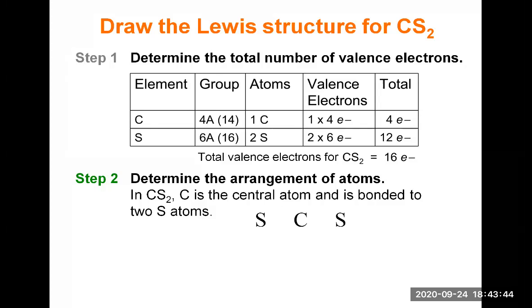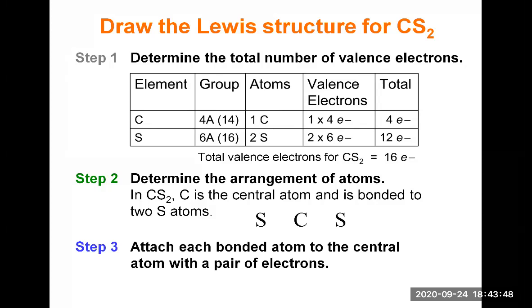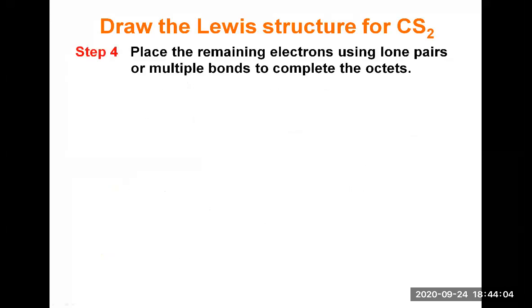So carbon surrounded on each side by a sulfur. Next, attach each bonded atom to the central atom with a pair of electrons. So put 2 electrons between carbon and each sulfur. And finally, place the remaining electrons using lone pairs or multiple bonds to complete the octet.